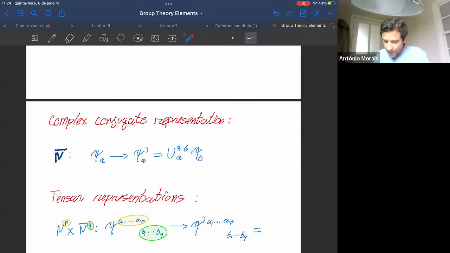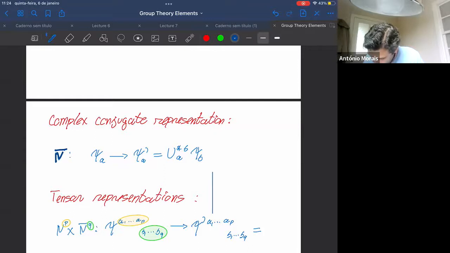For example, what I wrote above for SU2, let me put here a side note. We have seen a doublet that has one fundamental index that is the same as anti-fundamental.